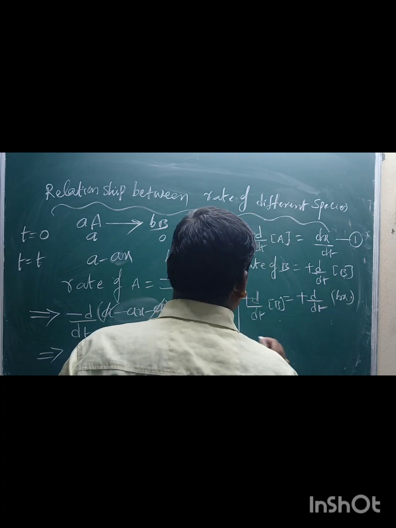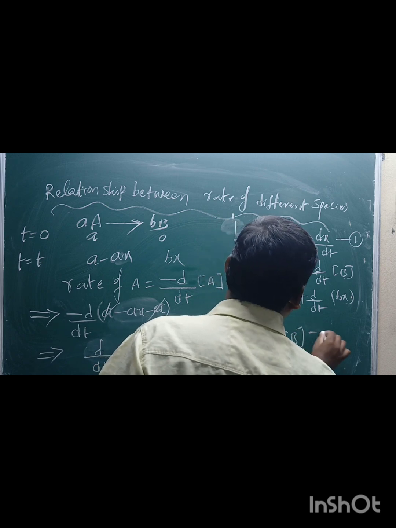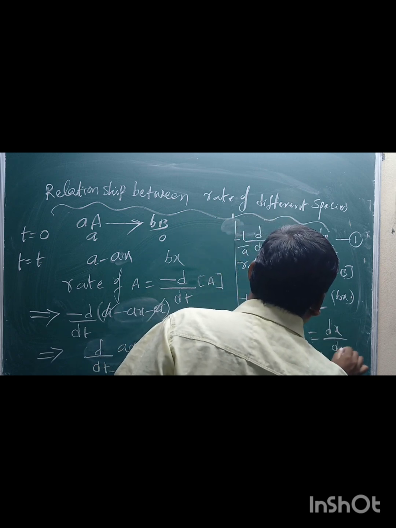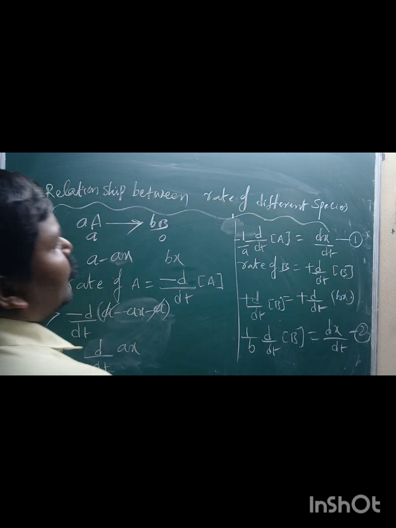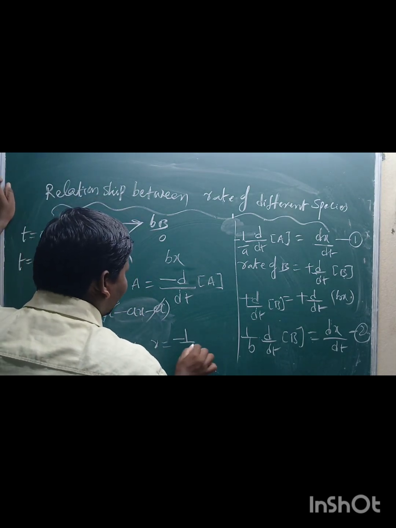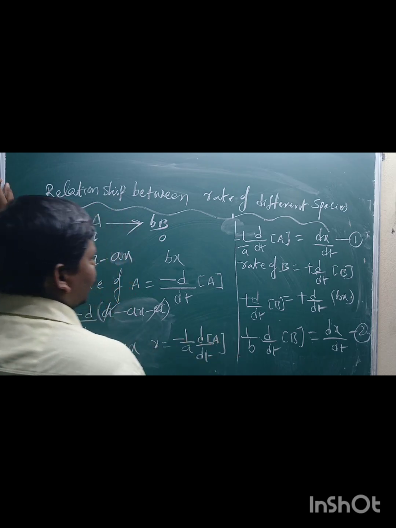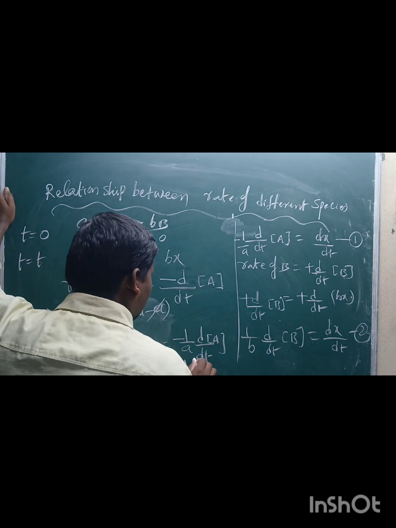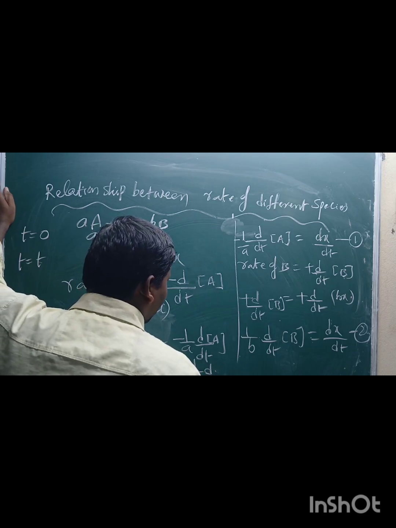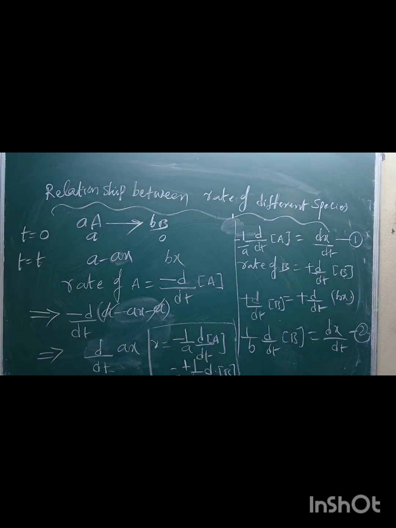Transposing b, that's 1 by b d by dt of concentration of b is equal to dx by dt, equation 2. From equation 1 and 2, rate is equal to minus 1 by a d by dt of concentration of a is equal to plus 1 by b d by dt of concentration of b. This is the mathematical expression of rate of reaction.